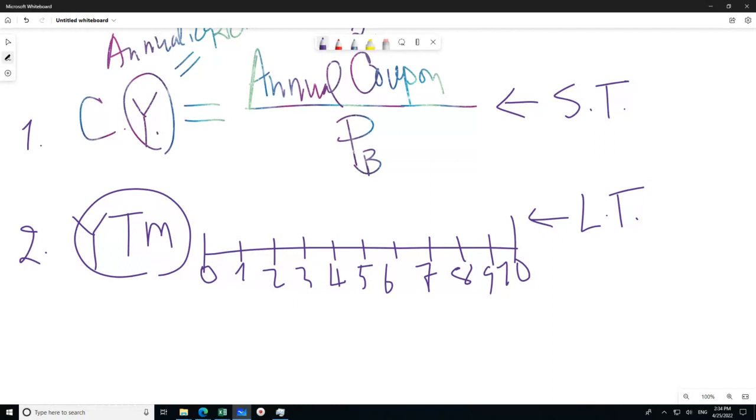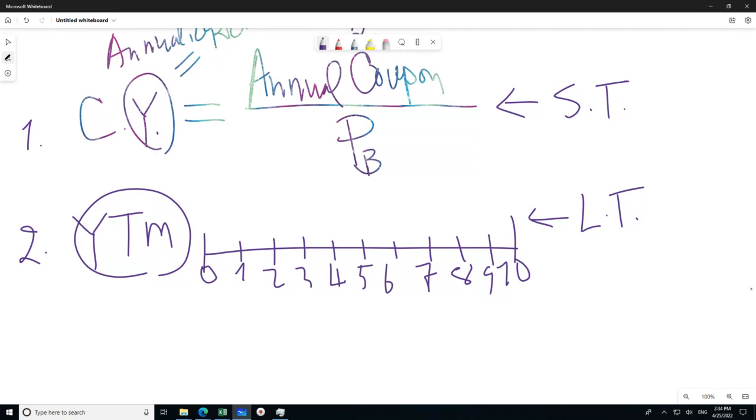Yeah, it happens to be 10. So if you hold it until maturity, this is the annualized return you will get for the remainder of the time. Assuming that you keep holding it for 10 years until maturity, that's what you get.